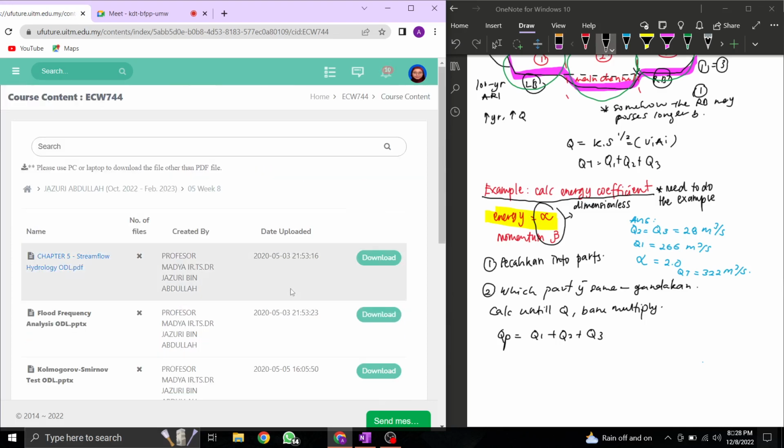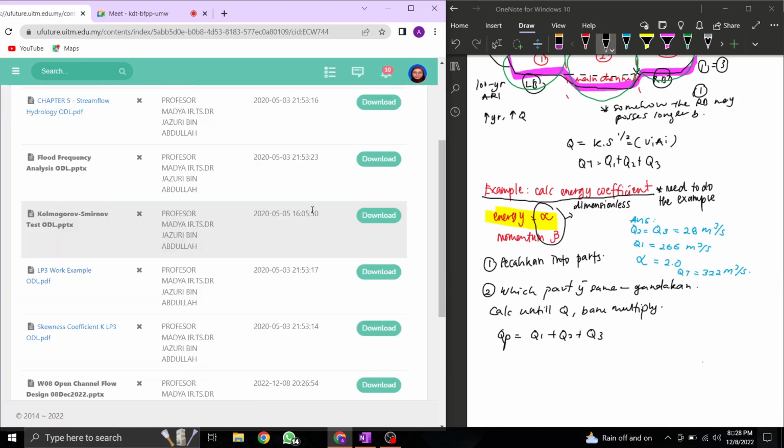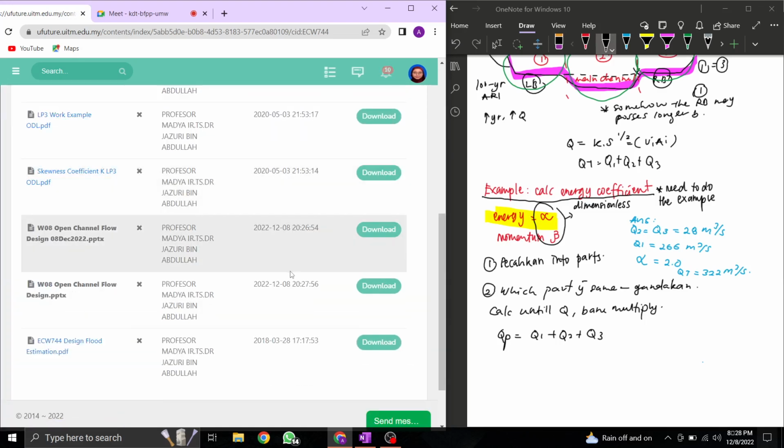Okay, so saya dah masukkan dua-dua tu. Tengok yang tulis week 08 open channel flow. Sekejap saya screenshotkan supaya you boleh nampak.